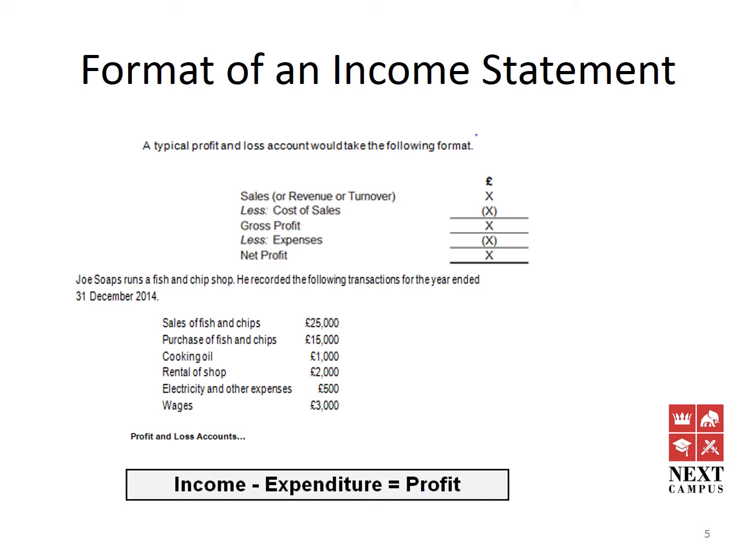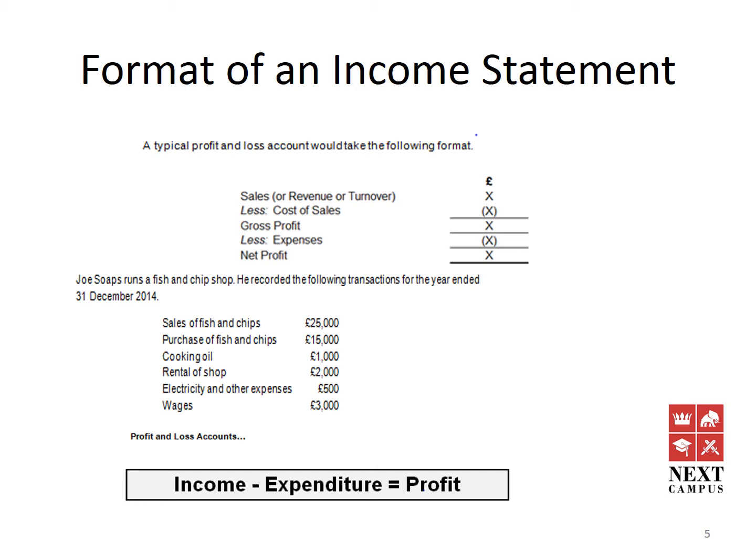Revenue minus the cost of the goods purchased gives you the gross profit. Then minus from that all the expenditure, sometimes we call this overhead expenditure. So that's the net profit. So revenue minus cost of sales will be the gross profit, less all other expenditure is the net profit. So income minus expenditure equals profit. Once again, income minus expenditure is the profit.